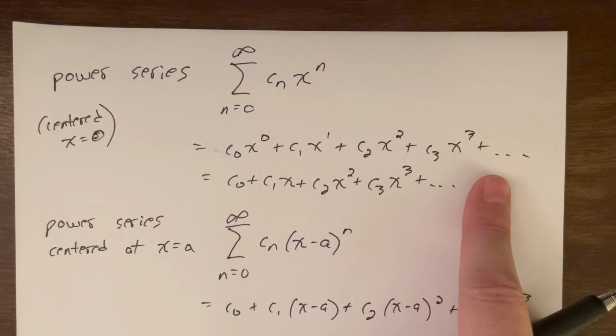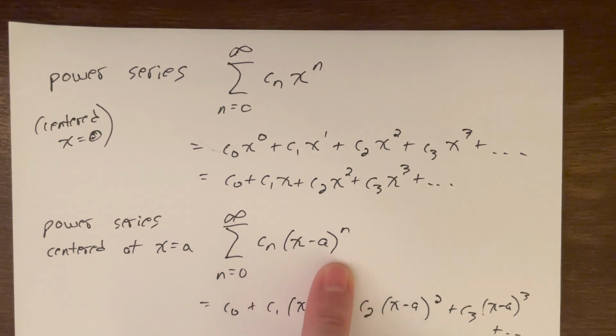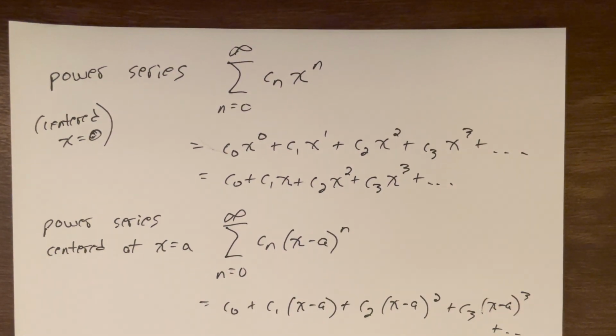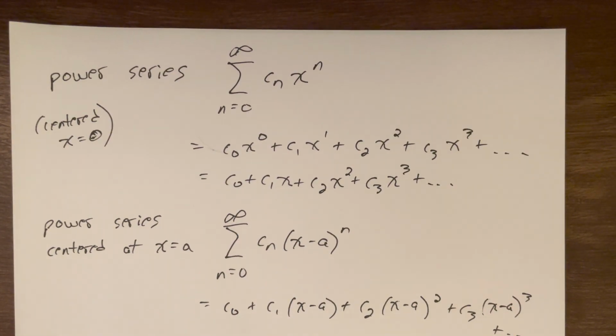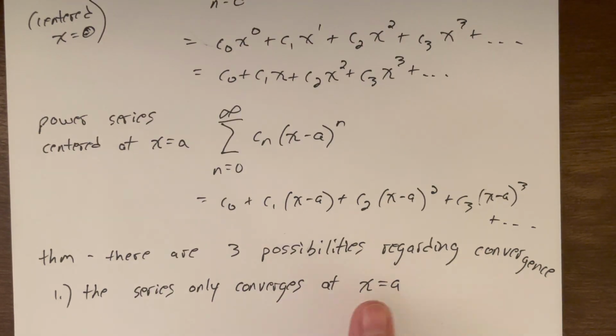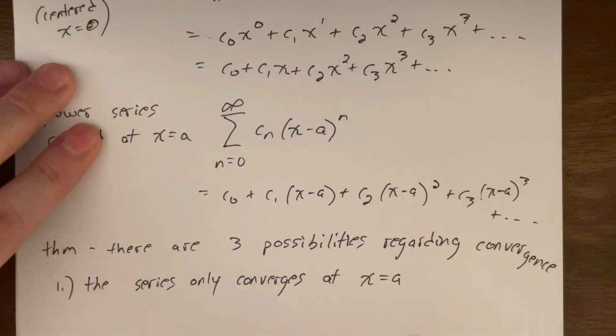So that would converge. More generically, same thing happens here when x is a. x is a, you're adding 0 plus 0 plus 0 forever. So again, the same thing happens. So that's a minimum. This power series can't completely diverge. If it feels like it completely diverges, well, that's the minimum case. It converges just at its center.